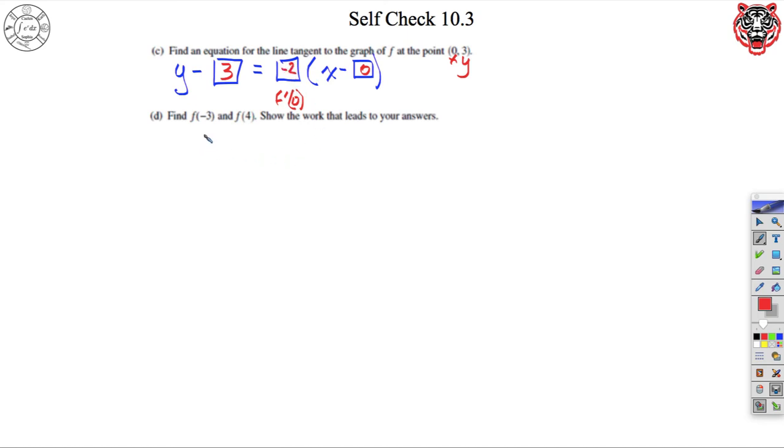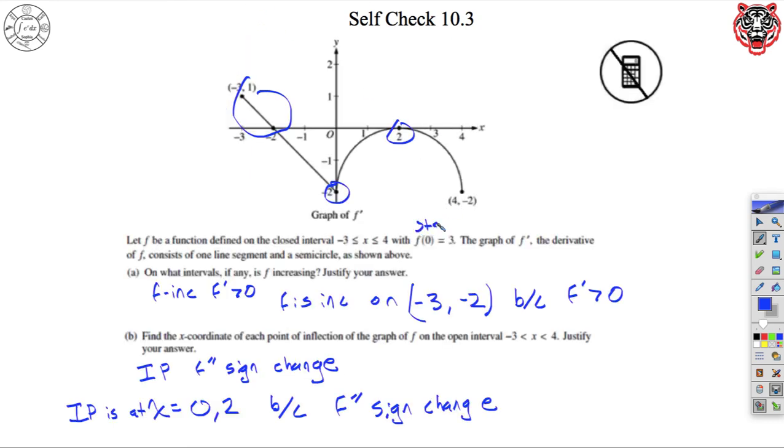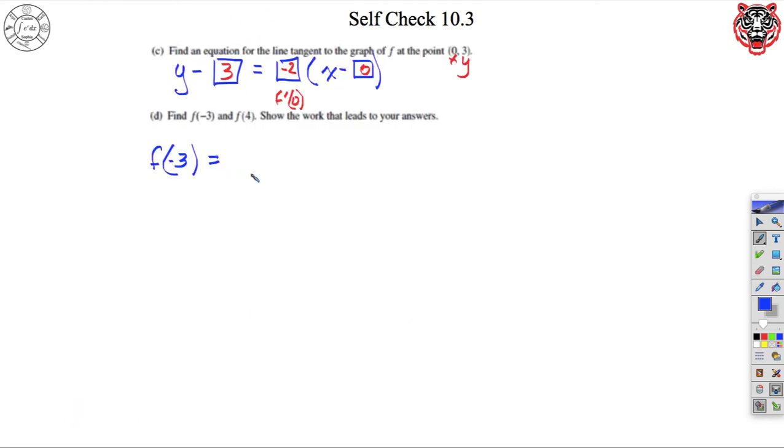On to part D. We need to find f of -3. This is going to be start plus change equals end. The start information is right here: the time starts at 0, the position starts at 3. So this is going to be 3 plus the integral between 0 and -3 of f prime of x dx.